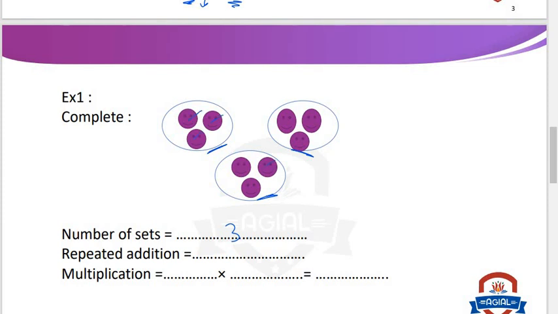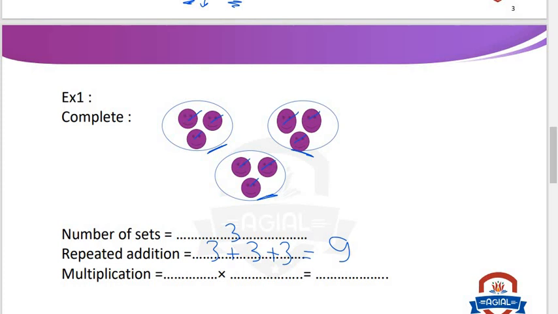And in here 1, 2, 3. And in here 1, 2, 3. So we can write repeated addition: 3 in the first group plus 3 in the second group plus 3 in the third group. 3 plus 3 equal what? 6. 6 plus 3, after 6: 7, 8, 9. So we have 9 smile faces.